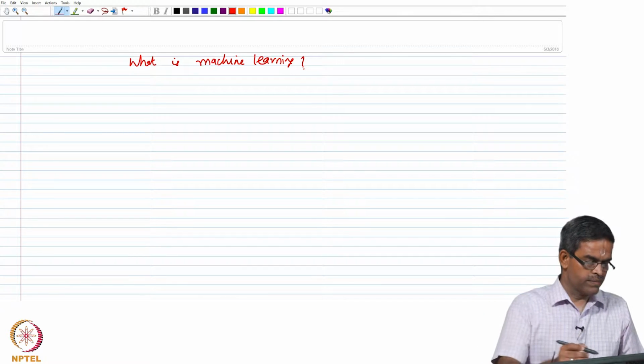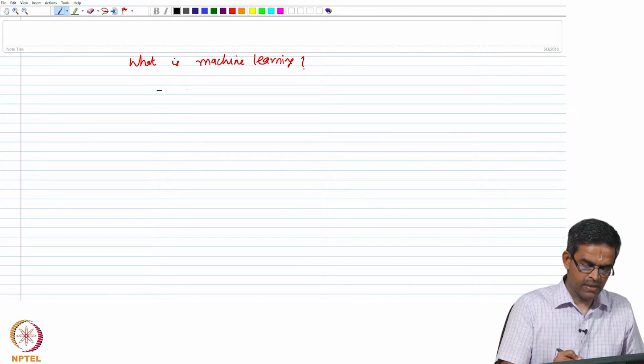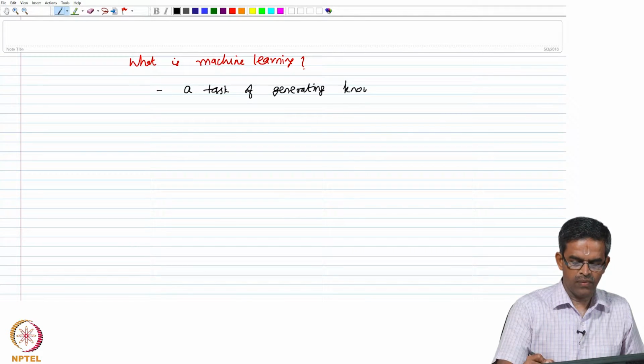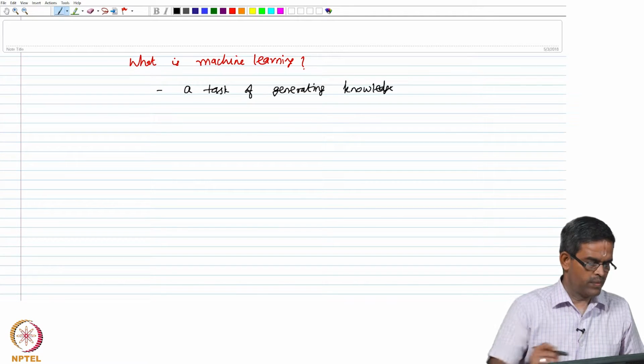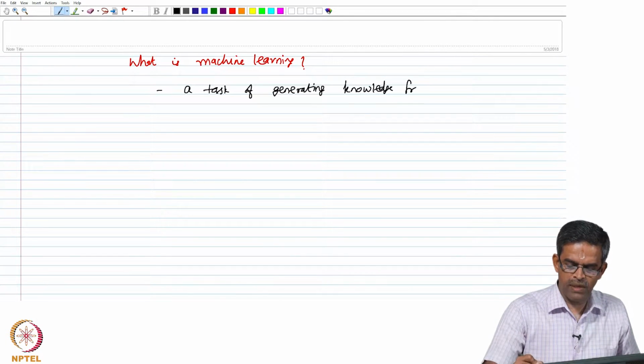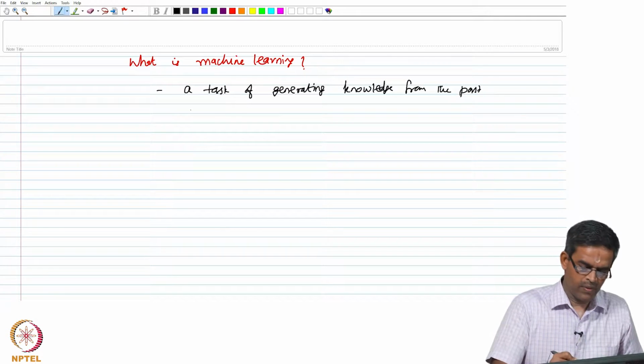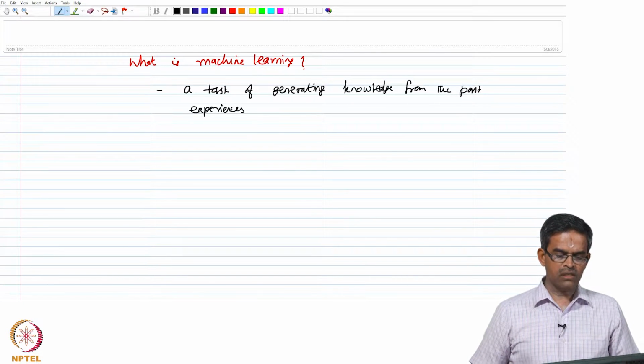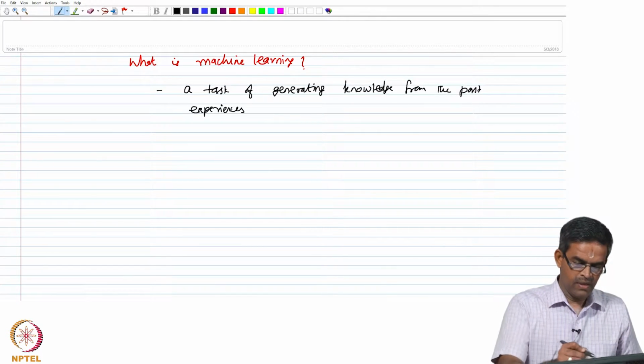Machine learning is described as a task of generating knowledge from the past experiences. Now, the question comes, how machines can get experience?